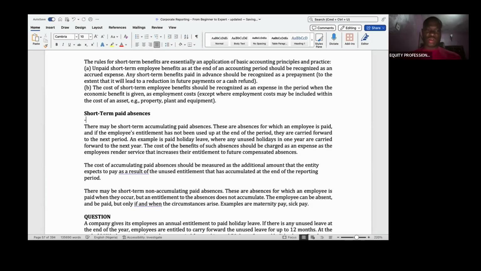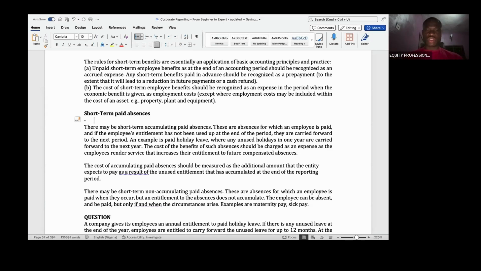So the standard calls organizations whose policy is that if you don't take your leave this year, it's gone, those ones, they are operating a non-accumulating paid absence scheme.